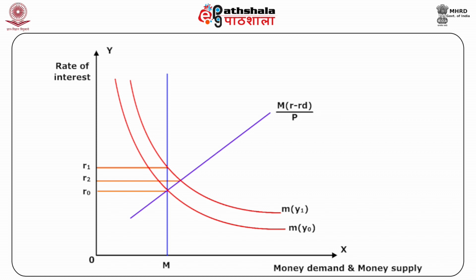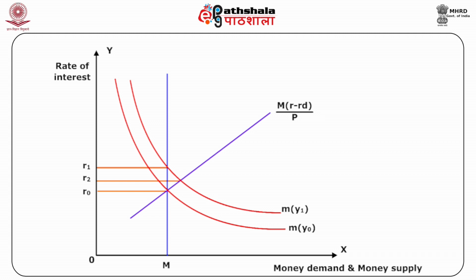This gives us a hint that if we are talking about the relationship between the level of income and the rate of interest, then we are actually deriving the LM function. So this is a precursor which tells us that if we look at the derivation of the LM function, we could expect that the LM function would be more sensitive to the rate of interest.